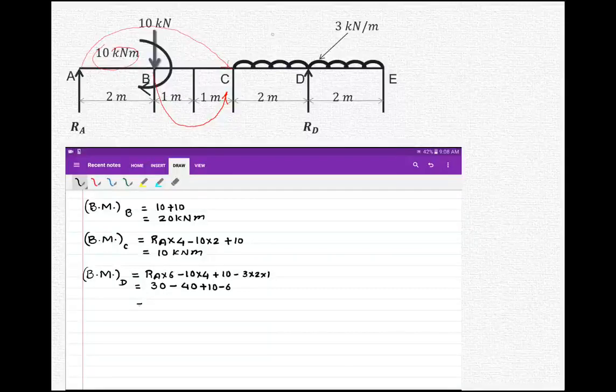So this UDL will be acting over here at the center, and that UDL is 3 into 2, and it will produce anti-clockwise moment, and this distance is 1 meter.